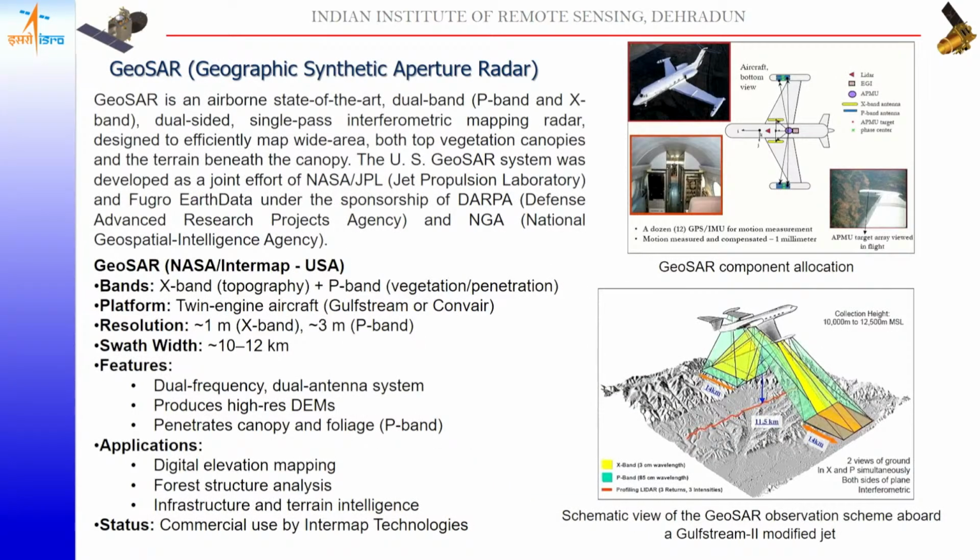Another NASA airborne system is the GeoSAR, which is called the Geographic Synthetic Aperture Radar, which is having the P band and the X band, and it has a resolution of around 1 meter in the X band and 3 meter in the P band, with a swath width of 10 to 12 kilometer. It has different applications like digital elevation mapping and forest structure analysis.